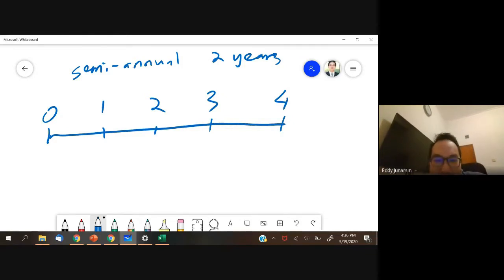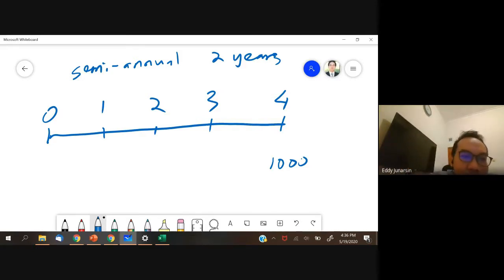Okay, so let's create a situation where the redemption value or the face value is 1,000. But this is a zero coupon bond, so we don't make any coupon payment, or as an investor, we don't receive any coupon income every 6 months, but we will receive 1,000 at the end of 2 years.